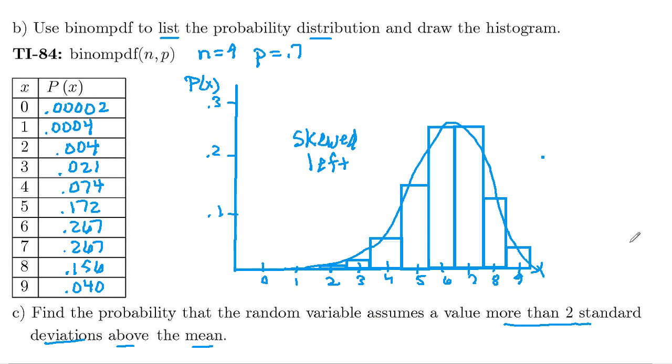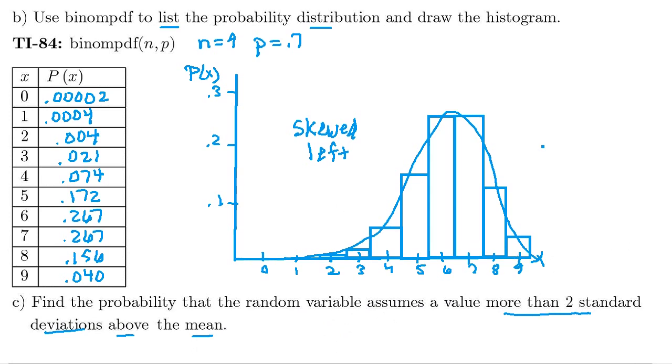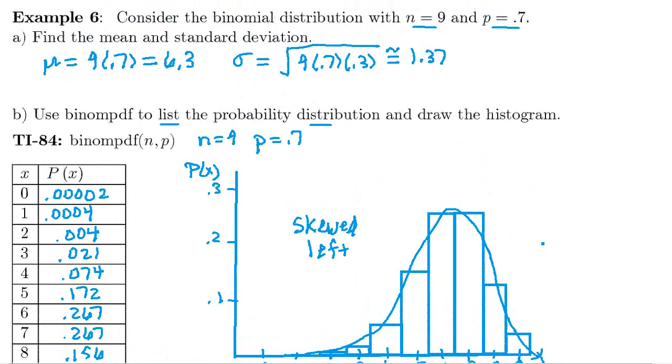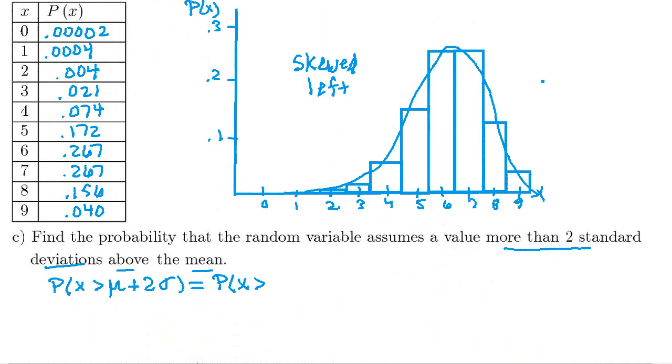So let's mark off what 2 standard deviations above the mean would be. So we want to know the probability that our random variable x is greater than the mean plus 2 standard deviations, plus 2 sigma. So that's asking what's the probability that x is greater than, our mean here was 6.3, standard deviation was 1.37.